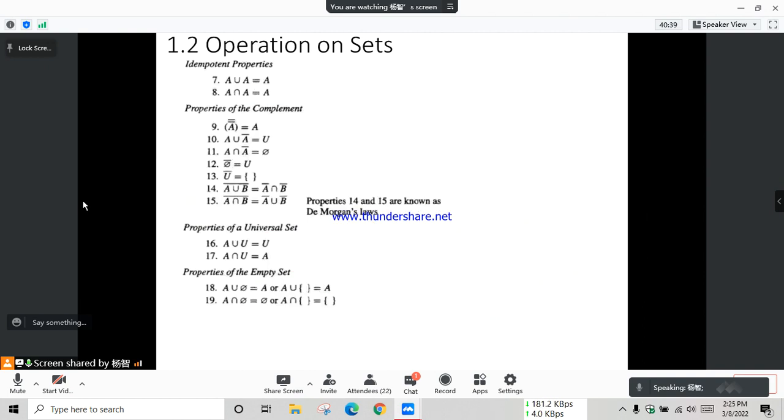And we also have an important property. A union A equal to A and the intersection of A and A is equal to A. Okay, this can be easy to check. Okay, the property of complement. We have 7 equations of the property of complement.